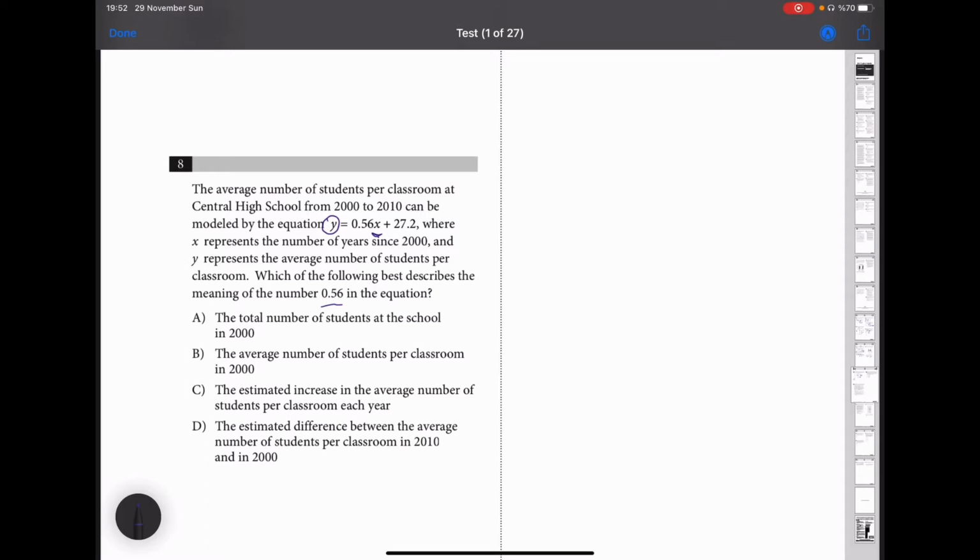Before reading the choices, let's investigate the equation. So, for example, at year 2000, let's find the average number of students. It is 0.56 times 0, since x represents the number of years since 2000. 0 years has passed, plus 27.2 equals 27.2. So in 2000, this is the average number of students per classroom, right?